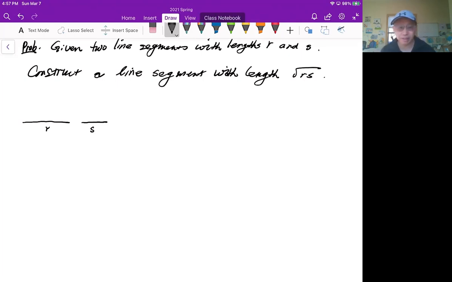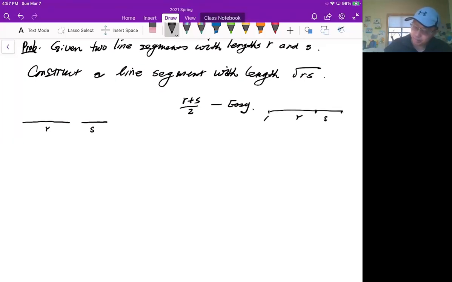You have the arithmetic mean, which should be okay. You add R and S and take the midpoint. That is just the arithmetic mean, R plus S divided by 2. That should be easy. Suppose this is your R and this is your S. You get A and B here, and then you just get the midpoint of AB, and then we are done.